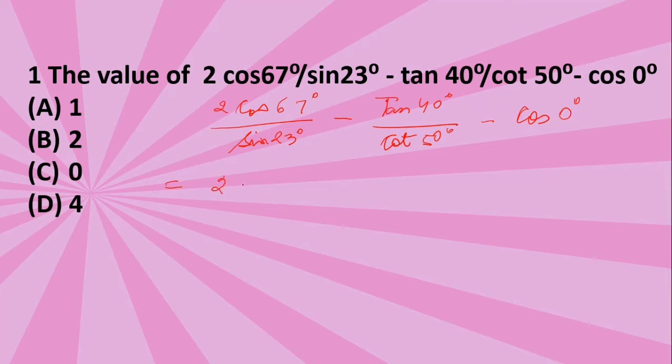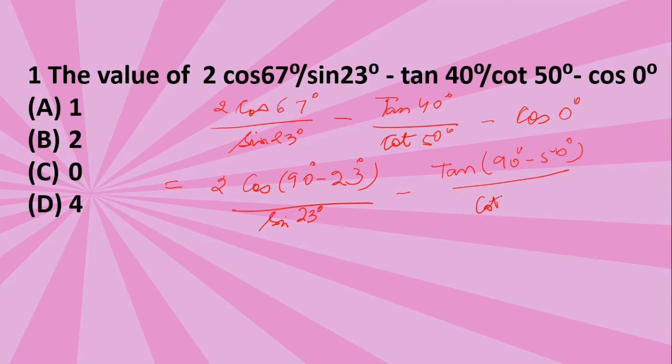So you can write cos 67 as cos 90 minus 23, 90 degree minus 23 degree upon sin 23 degree minus, again you can write like this, tan 90 minus 50, 90 degree minus 50 degree upon cot 50 degree minus cos 0 is always 1 from the table.